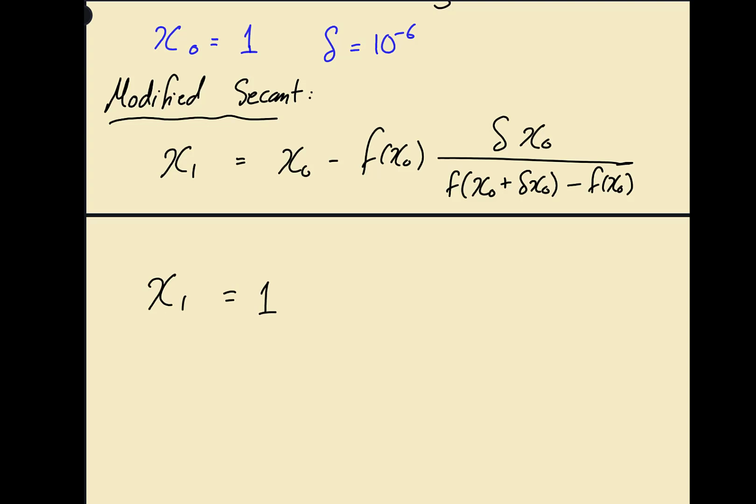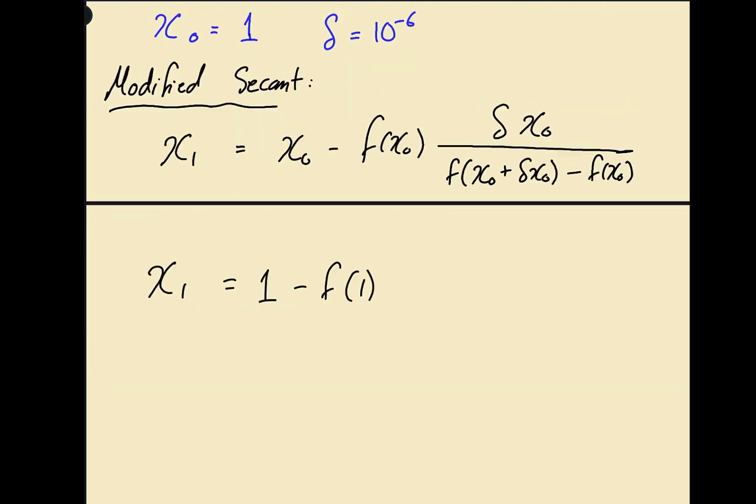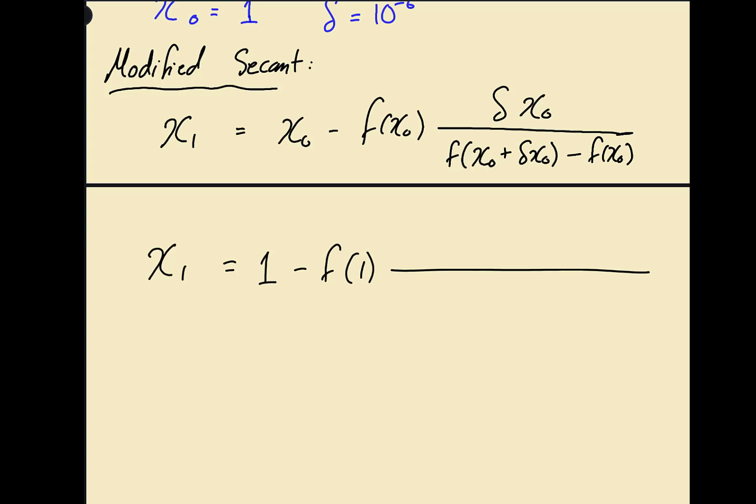1 minus, we substitute, right? So we say f at 1, where we plug in 1 to this function, multiplied by 10 to the negative 6 times 1, and then f at 1 plus 10 to the negative 6 times 1 minus f at 1.